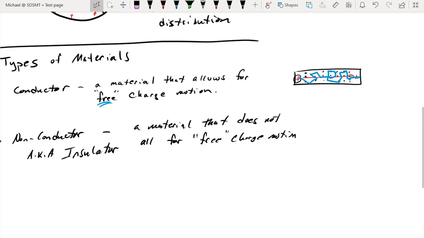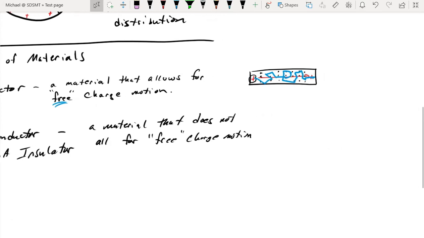The idea behind a non-conductor is basically the same thing as a conductor, except that the amount of resistance that the charge encounters as it's trying to travel through the material is so high that the charge never actually makes it to the other side. At some point it just kind of gets hung up somewhere within the material, and it's not able to make it to the other side.